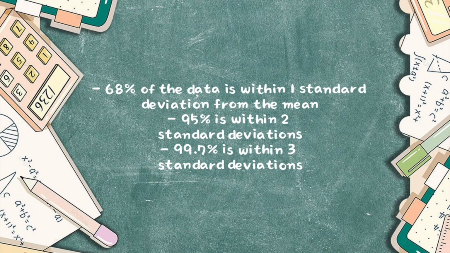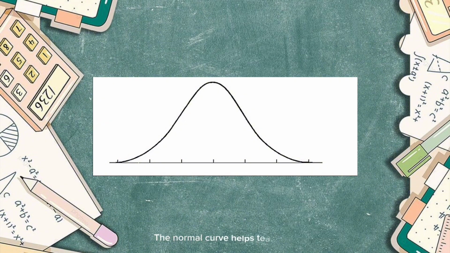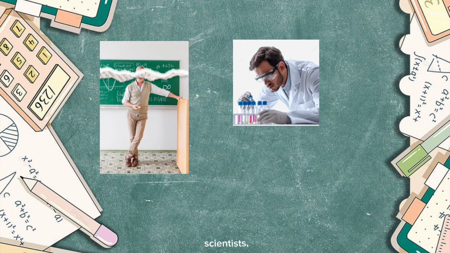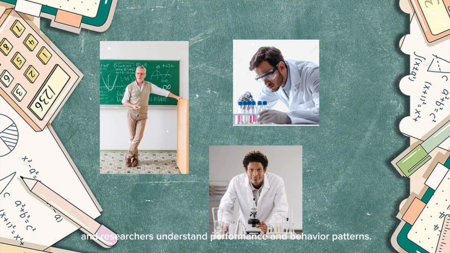And third, 99.7% is within three standard deviations. This means that almost all the data is near the average. The normal curve helps teachers, scientists, and researchers understand performance and behavior patterns.